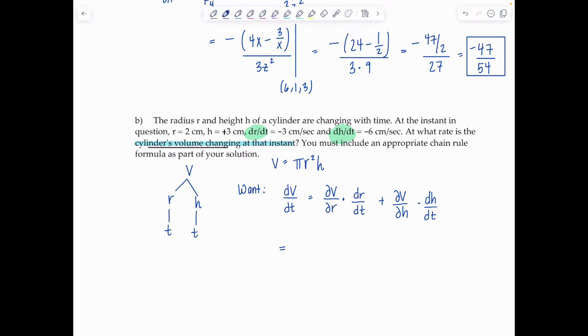Okay, from here we can go ahead. Del V del r, so take the derivative of pi r squared h with respect to r. So it would be 2 pi r h times dr dt. Let me just leave everything with the variables. I'll put constants in just a second. Del V del h, if I hold everything constant except h, the derivative would be pi r squared and then dh dt. Good?